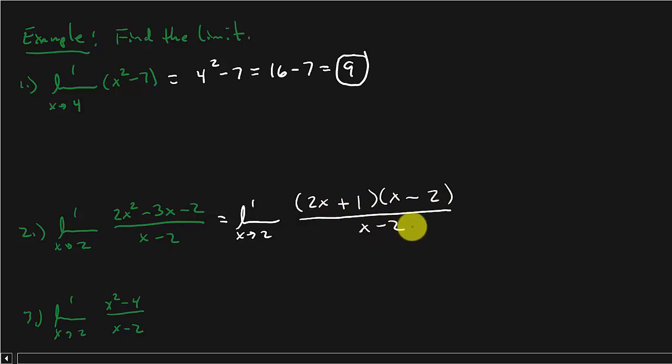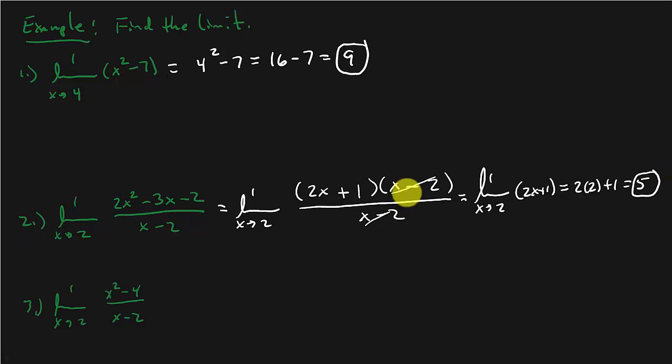So all we did was factor the numerator. And look at that, those x minus 2's cancel, so I'm left with the limit as x goes to 2 of 2x plus 1. And now I can just plug the 2 in. 2 times 2 plus 1 equals 5. And there's my limit.